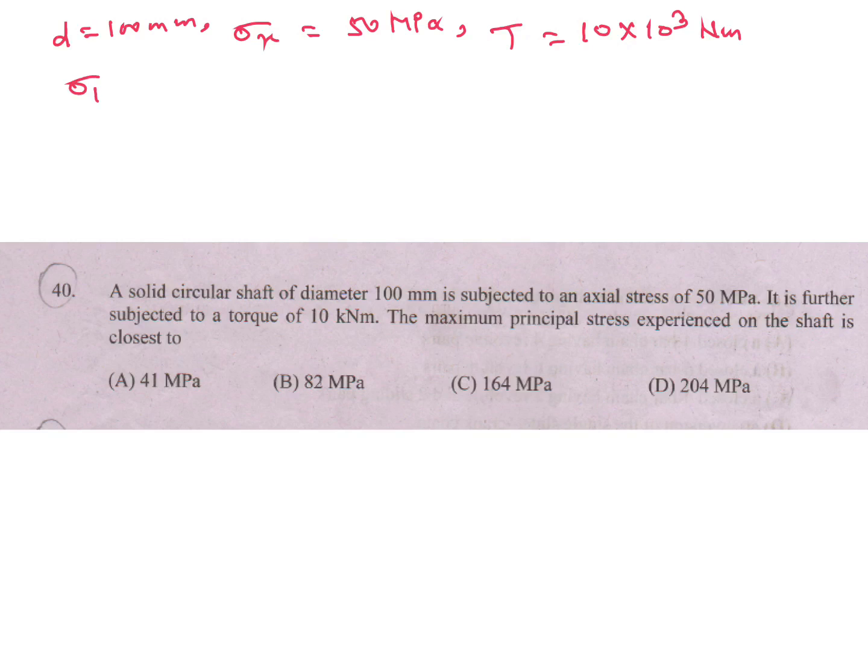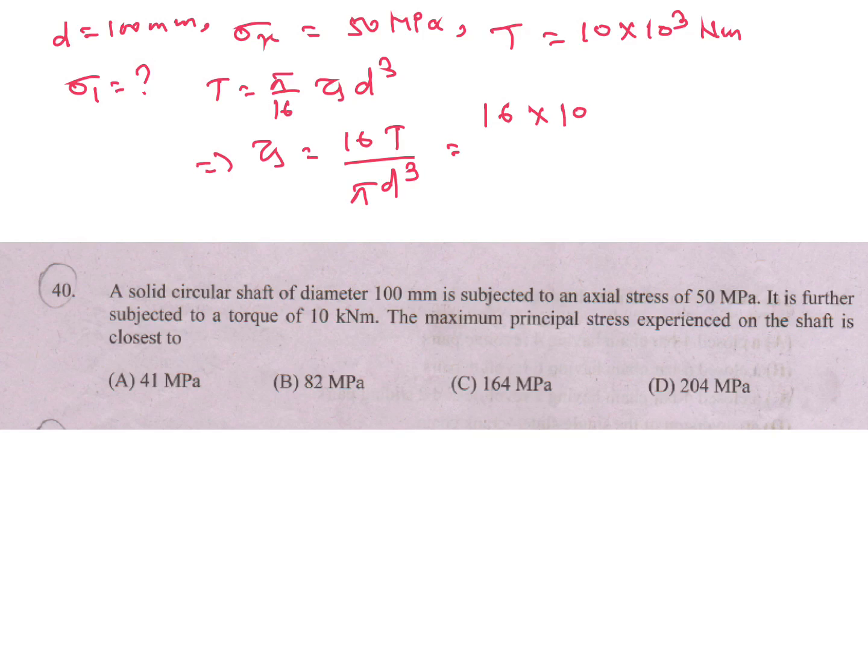First torque value given, so tau s or shear stress we have to calculate first. T equal to pi by 16 tau s d cube. Tau s is 16T by pi d cube. Put the value 16 into 10 into 10 to the power 3.